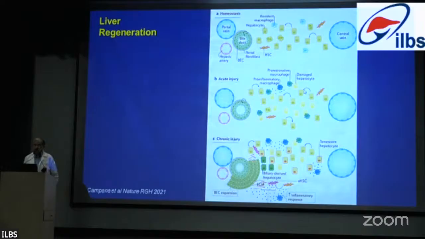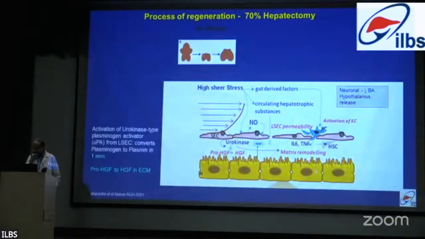Not only multiplication, but also hypertrophy of the hepatocytes can take place. While in the chronic, ongoing injury, there is stimulation of stellate cells, which are one of the major players, and the ECM, the extracellular matrix, which comes into play.